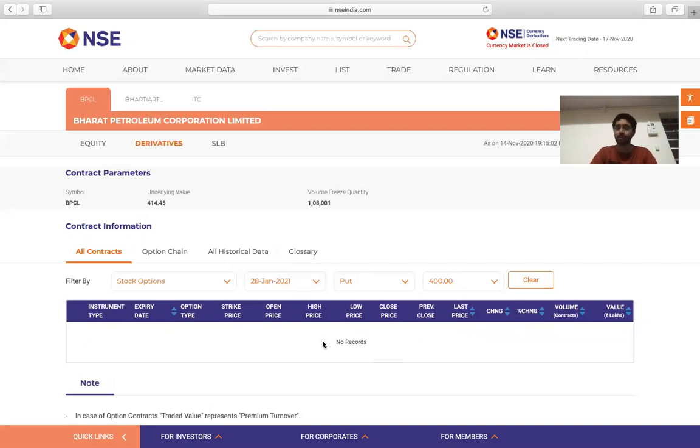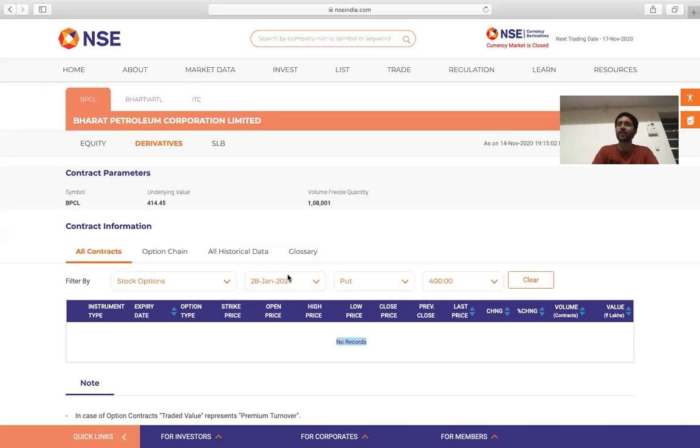28th of Jan, it says no records. And this is why I was telling you I'm a little scared. The reason is because there is no liquidity for BPCL stock in a far month maturity option. Meaning, nobody today wants to buy and sell a put option at a strike price of 400 whose expiry is 28th of Jan.